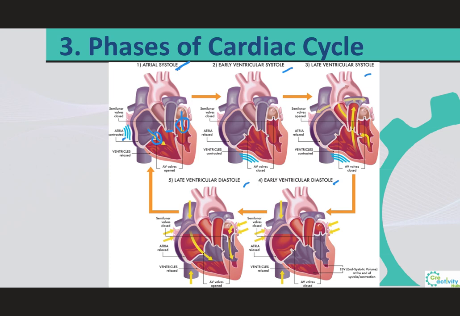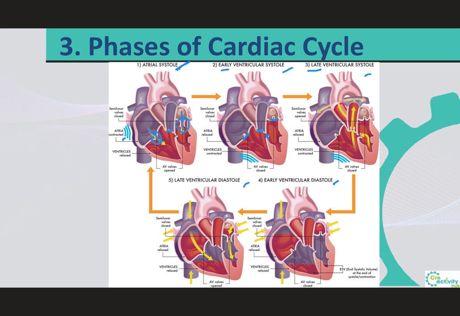The ventricular systole can be divided into 2 parts. We have what we call an early ventricular systole and a late ventricular systole. In the early ventricular systole, which is the contraction of the ventricle, the ventricular contraction will push the AV valves closed, but it does not create enough pressure to open the semilunar valves.